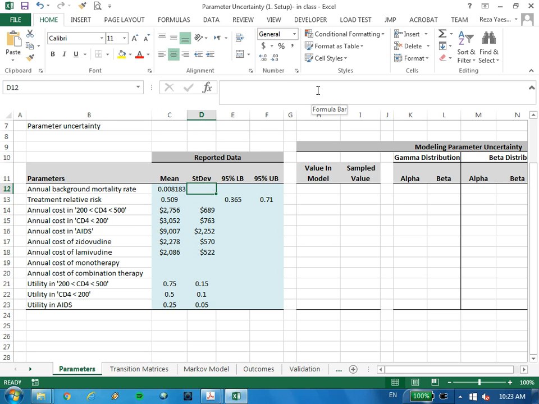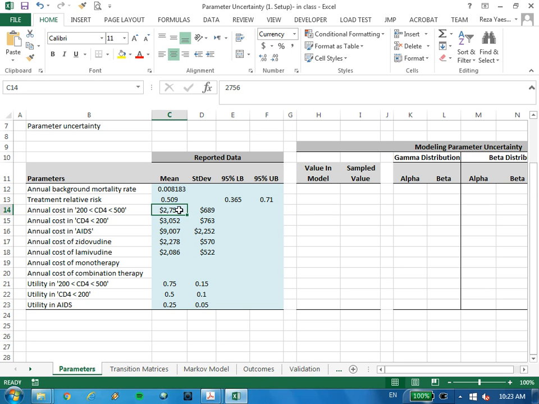So I don't have any uncertainty around the mortality, again, because we are looking at the entire US population, not just a subset of the population. The treatment relative risk, this is the number that we used before, but if you look at the initial report, we see that there is a confidence interval around it between 0.365 to 0.71.